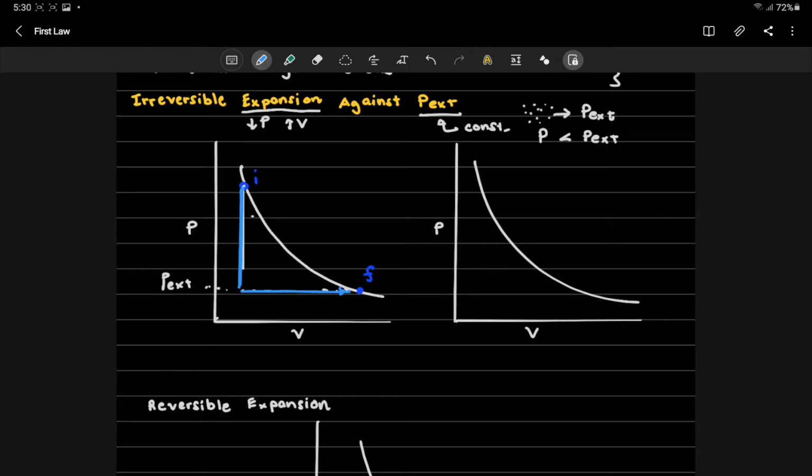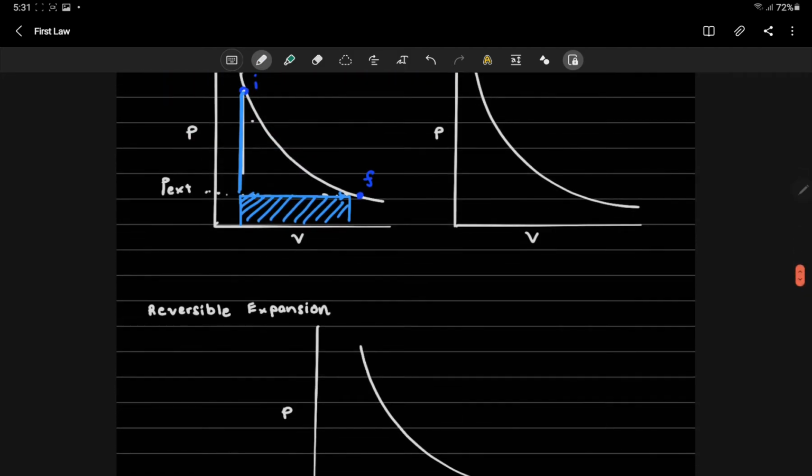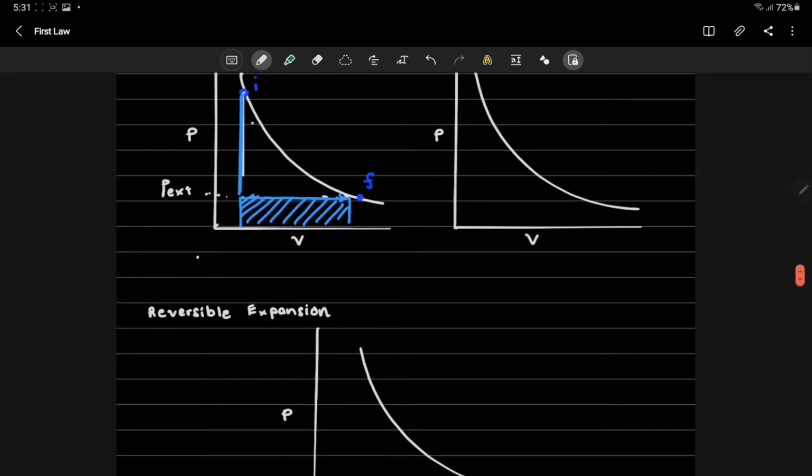So kung makikita nyo, yung area na nakukonsider natin dito is this area. So, mathematically, for us to calculate the amount of work done, so remember it's W equals integral of P dV.